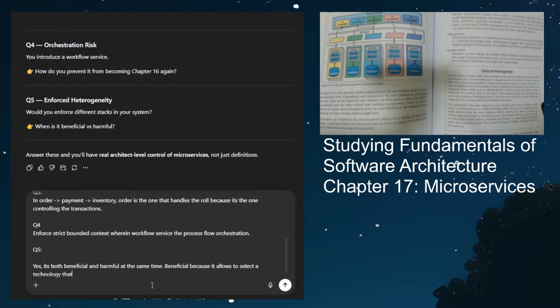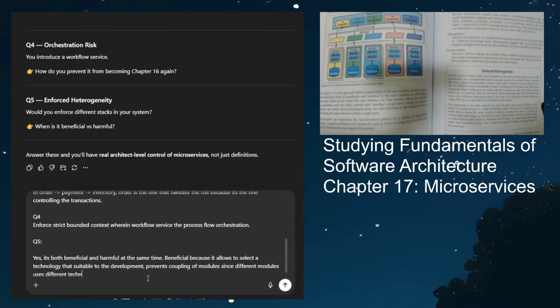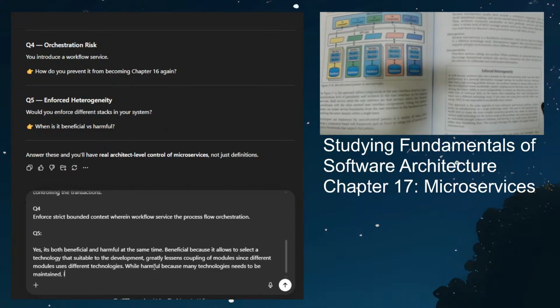Tama. It prevents coupling. Harmful because any technologies need to have interoperability.